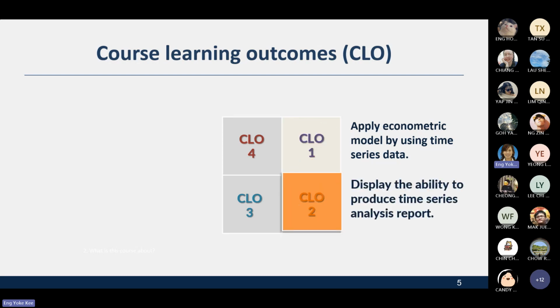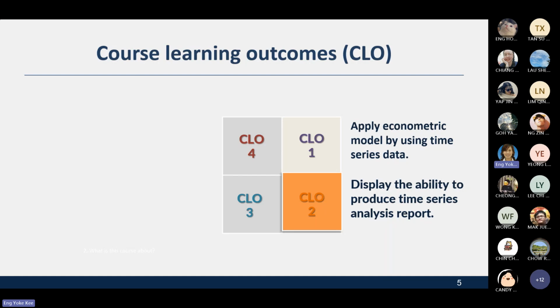Secondly is to display the ability to produce a time series report. Another essential skill required by the industry is the ability to produce a report. I guess some of you have already gone through your internship, so you can recall how you wrote your report. When we talk about reports, there are certain skills. Writing a report is a way to communicate.